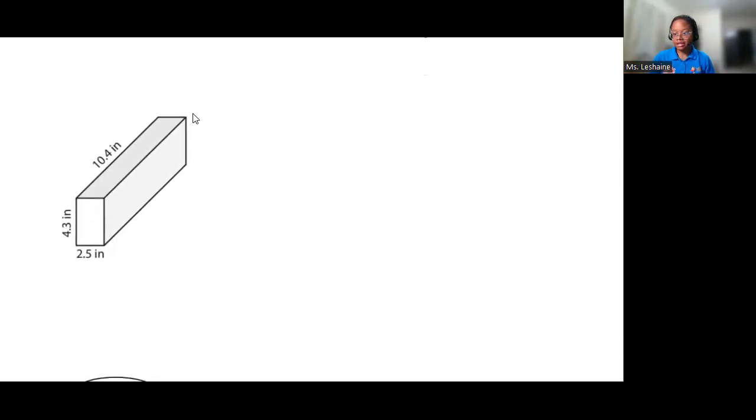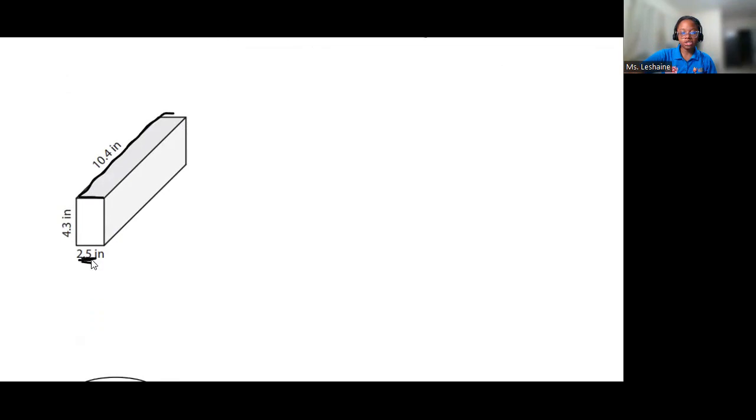Here is another example. So we have our cuboid and we're going to go ahead and find the surface area and the volume. Now we know that the surface area is just the area of all the faces added together. So right here at the top, I have a 10.4 multiplied by a 2.5. Now, why is here 2.5? Because here is 2.5.